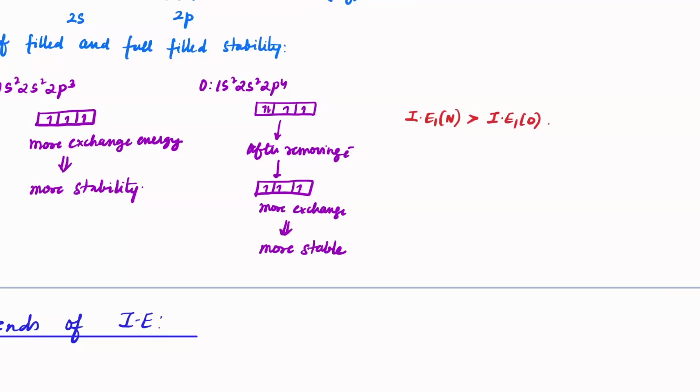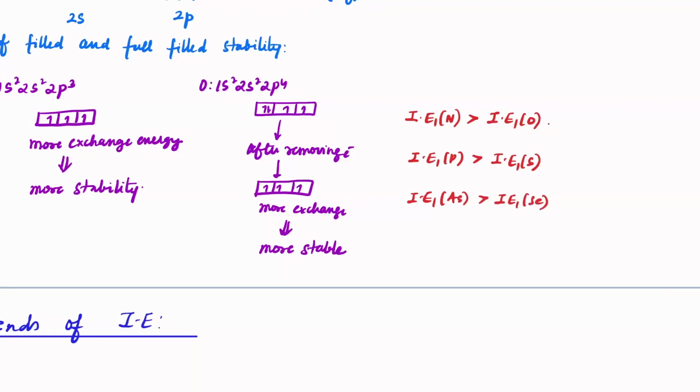All good? The same follows for the next element also. First ionization of phosphorus is greater than first ionization of sulfur. It keeps going up to arsenic and antimony also. First ionization of arsenic is greater than first ionization of selenium.